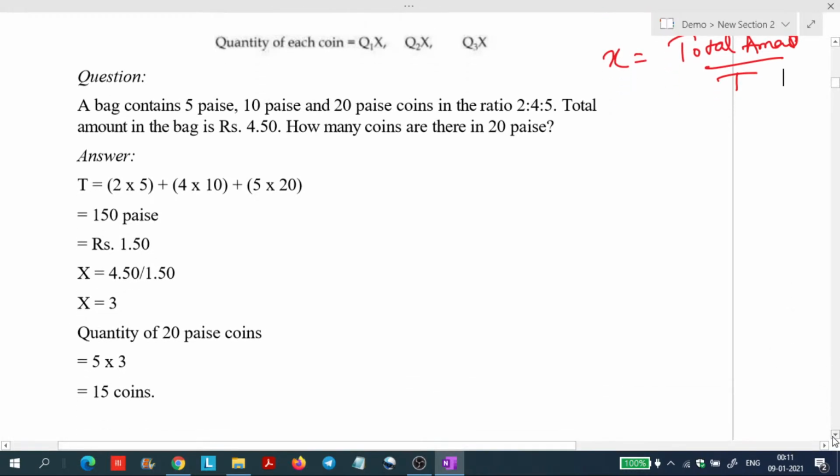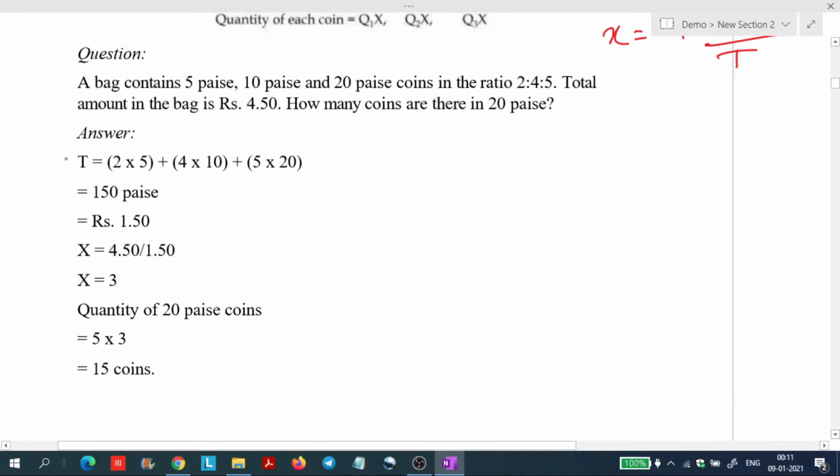Okay, let us see one example. A bag contains 5 paise, 10 paise and 20 paise coins in the ratio 2:4:5. The total amount in the bag is 4.50. How many coins are there in the 20 paise? So T equals quantity into value.